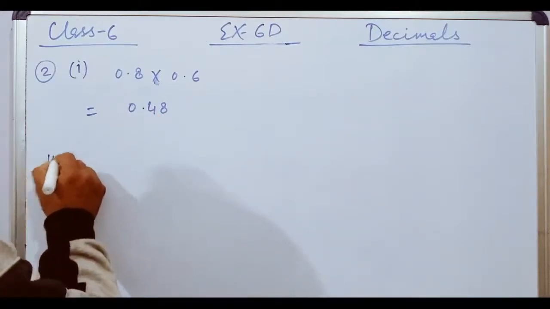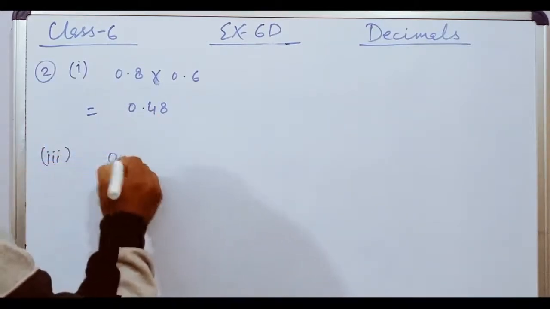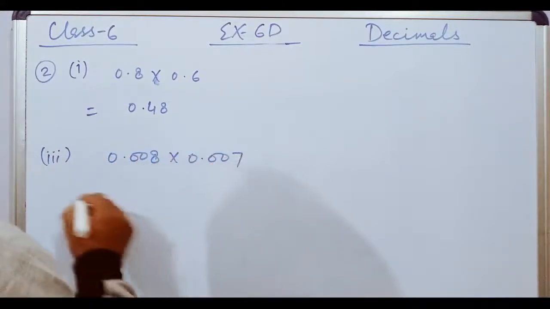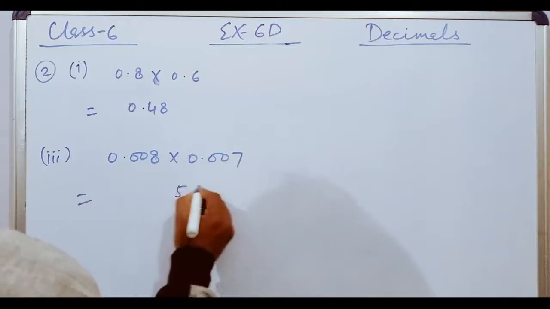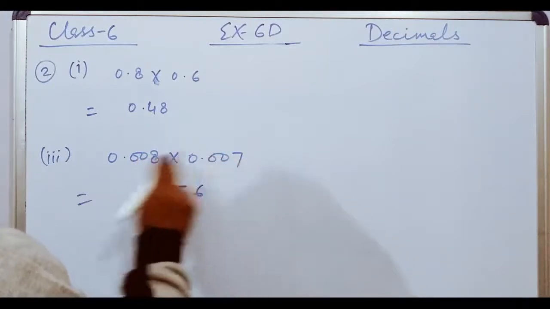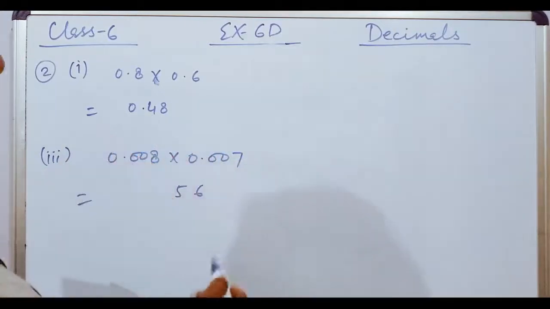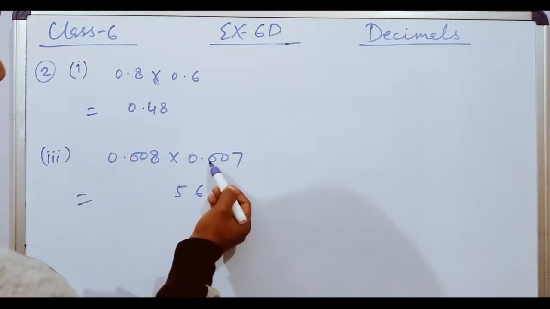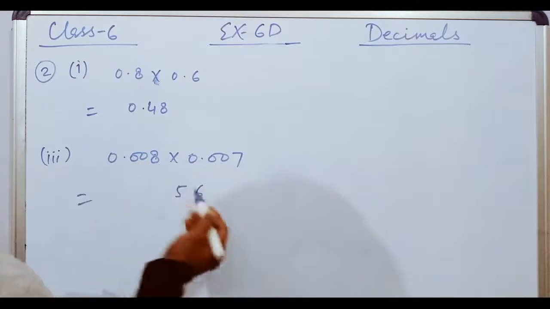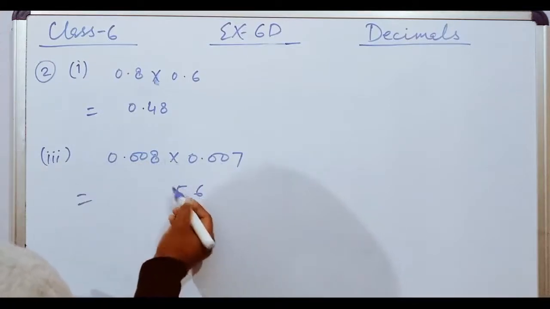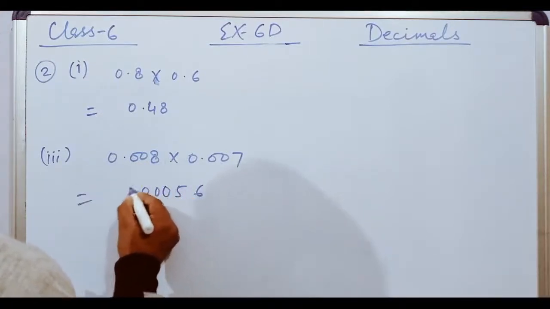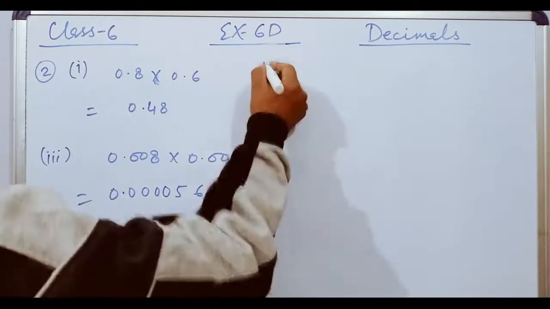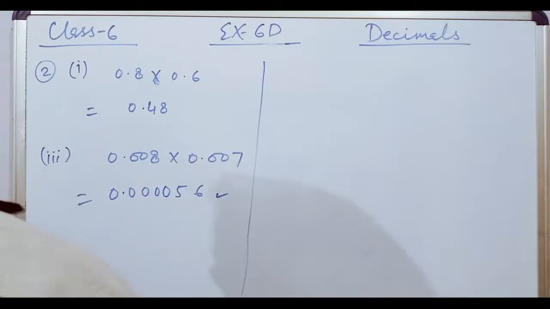Now third part, 0.008 into 0.007. 8 sevens are 56. After how many digits will we put the decimal on the left side? 1, 2, 3, 4, 5, 6. Here only 2 digits, so 1, 2, 3, 4, 5, 6. We have to put the decimal here. Okay, dear students.